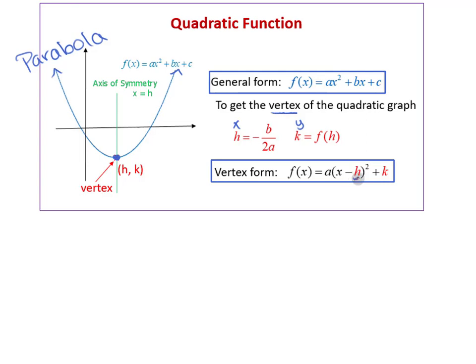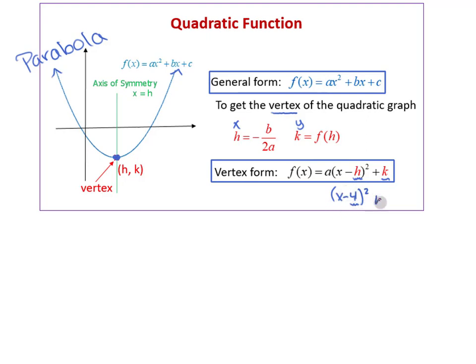Where this h value is going to give me the x coordinate of the vertex, and k out here gives me the y. Now, one part that can throw some trouble in here, though, is that it is x minus h. So, in other words, if you see something like x minus 4, let's say in that part, h is actually positive 4. The minus is part of the formula there.